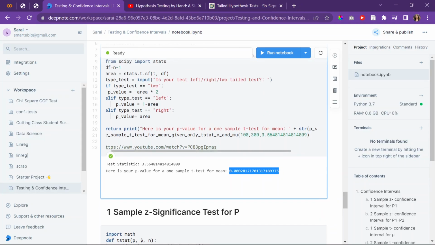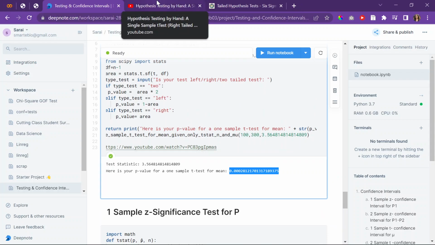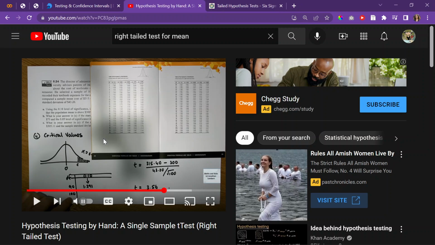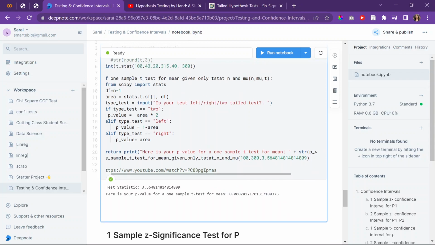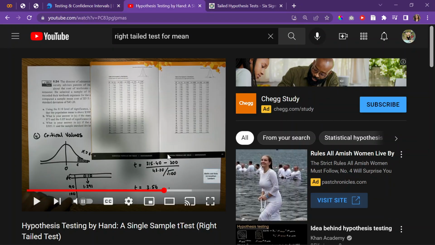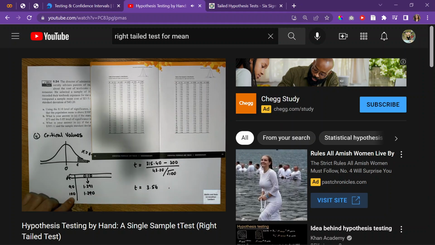It means they're looking for greater than 300. So that means it's a right tail test. So the p-value is 1.291. But over here, 0.028. Interesting. What we know is that our critical value is somewhere between these.